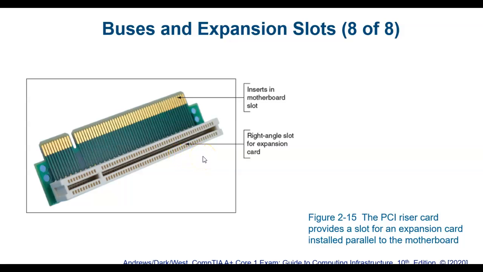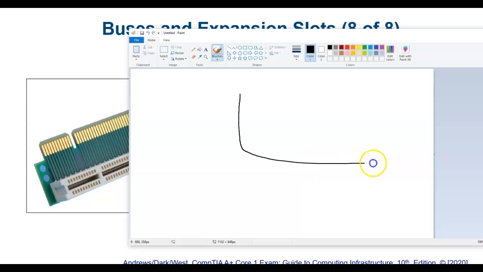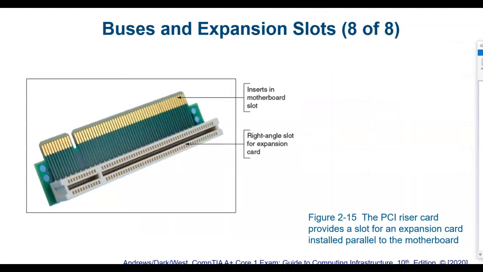So if I'm using Paint, right? If this is a computer case, a riser will be here, and then you will put whatever peripheral here on the side. That's if you don't have a lot of space on your motherboard. You can do that. Riser cards.